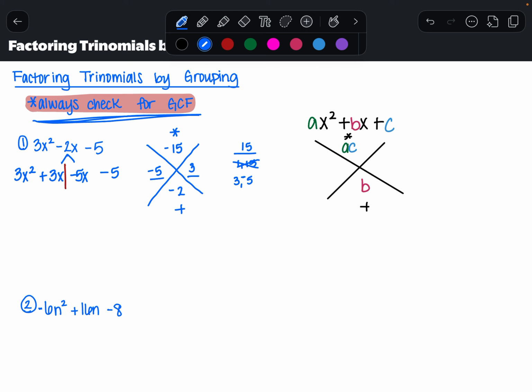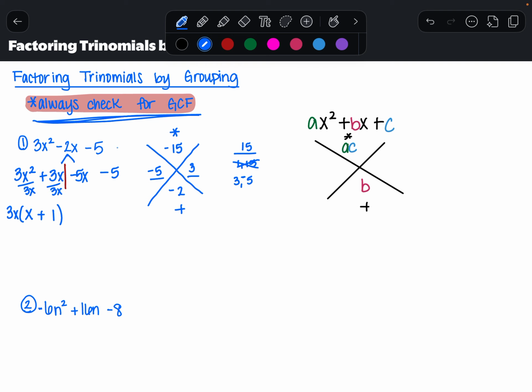They share a 3 and an x, so we're going to factor out the 3x. You can think to yourself, 3x times what equals 3x squared? That is x. And 3x times what equals 3x? That's 1. Essentially, we're dividing these two terms by 3x.